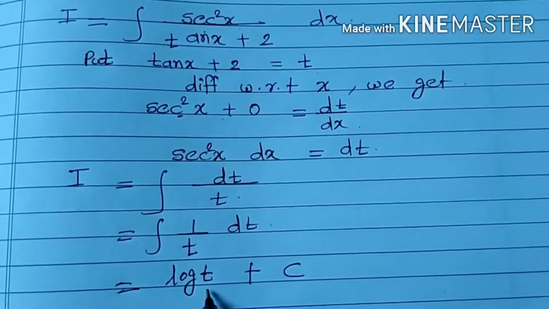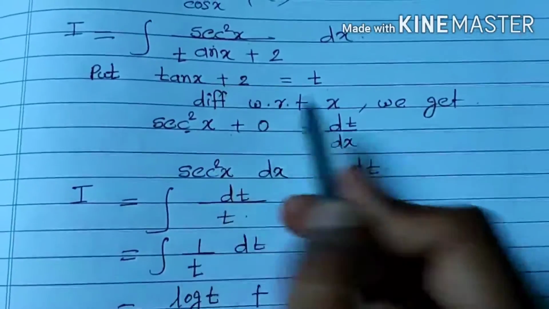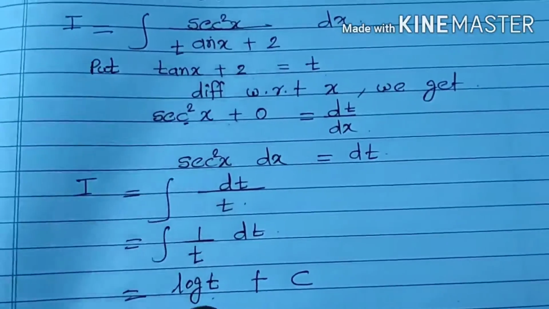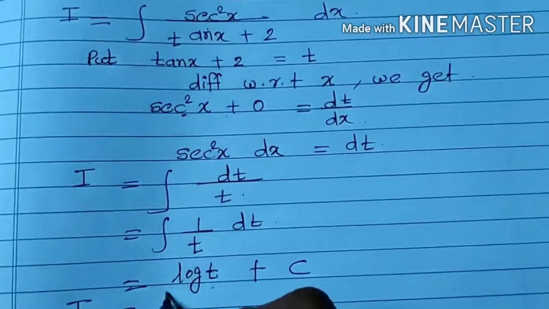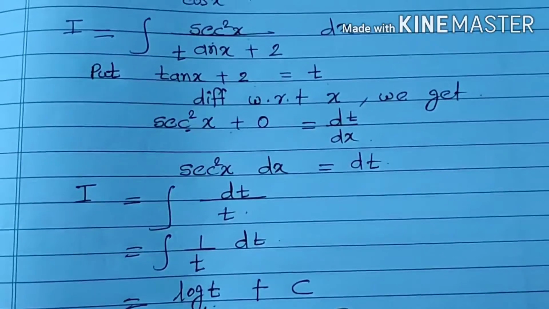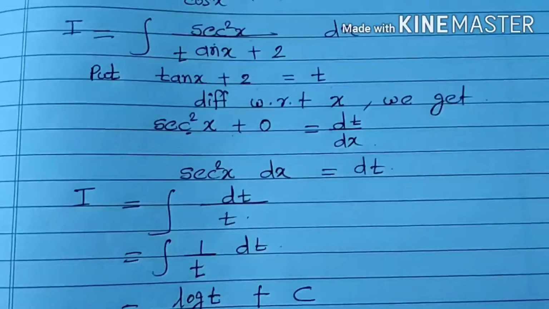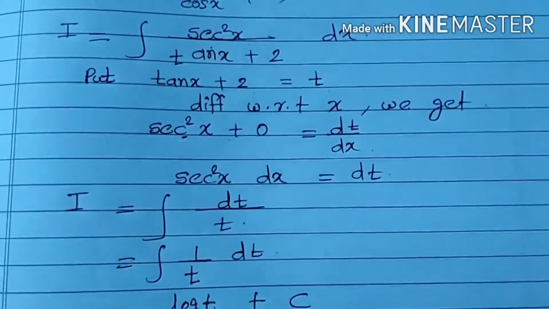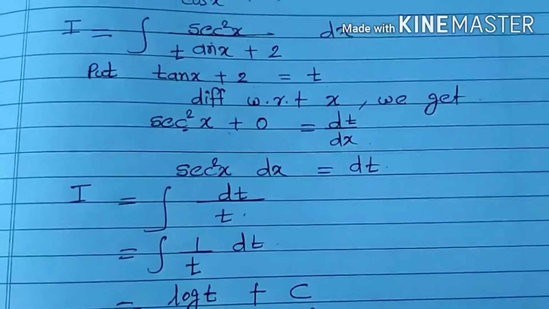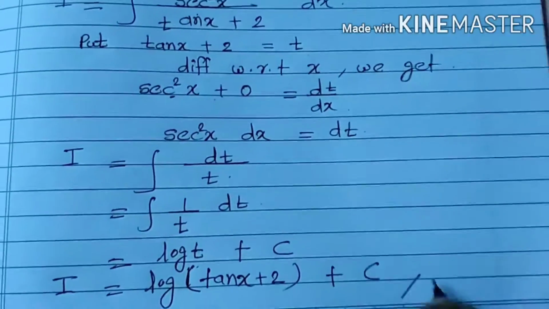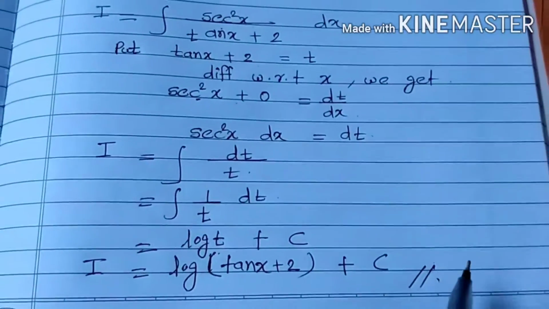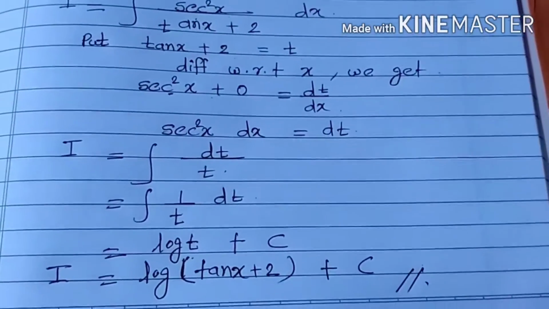But what is t? t is tan x plus 2. So put this, we get log of tan x plus 2 plus c. So this is your final answer.